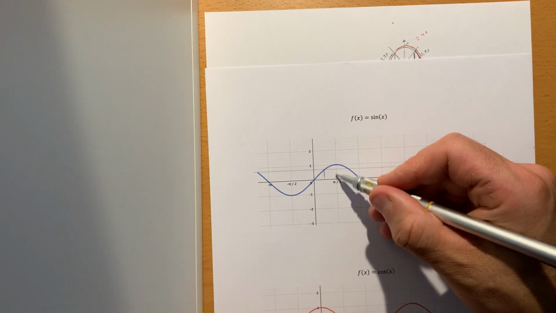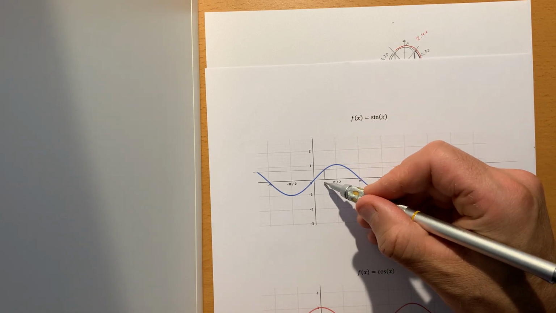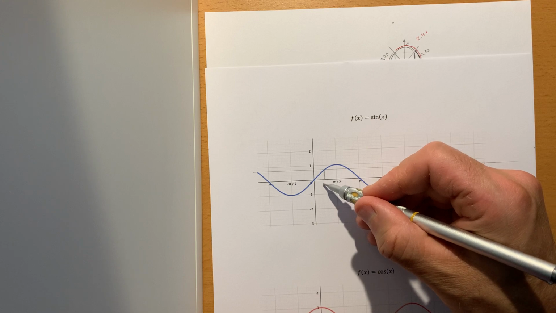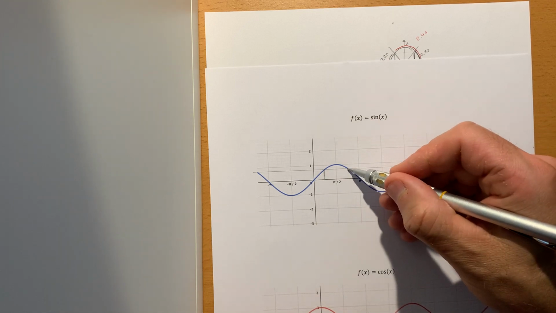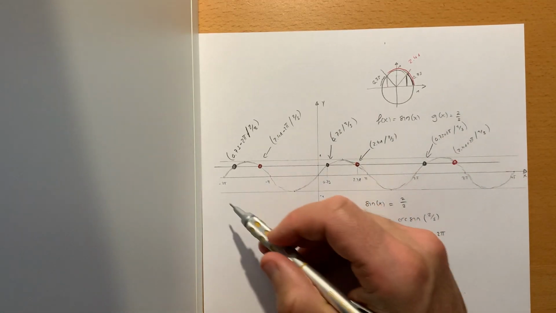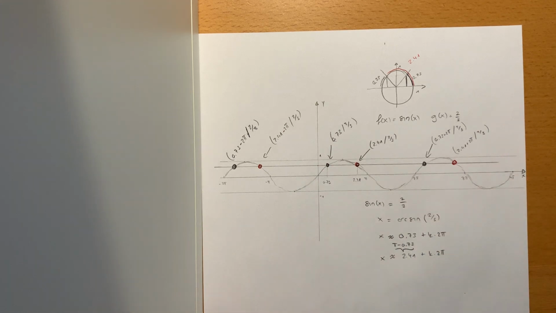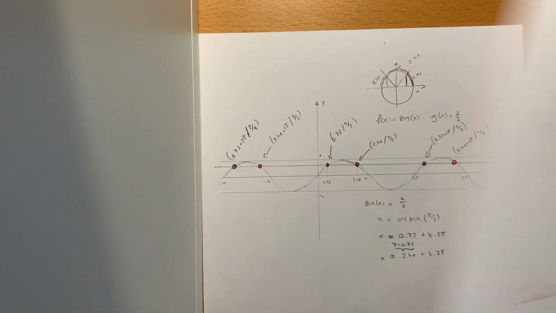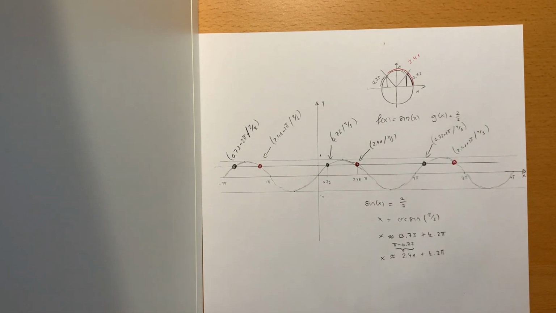If this is 1.5, then this matches the 0.73 approximately, and this could easily be the 2.41. So it's more than okay, even with my drawing. Although my drawing is not as perfect as this one, it's all I need.